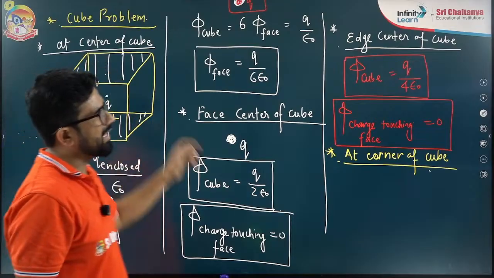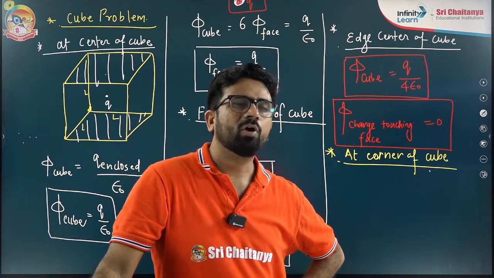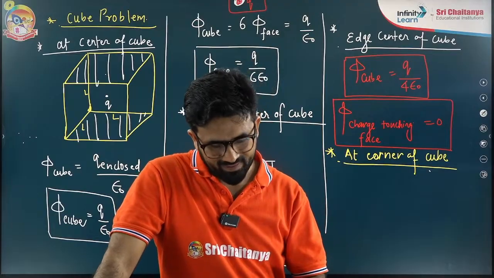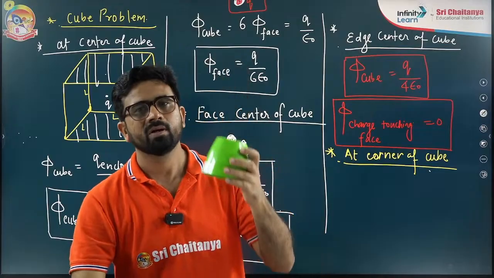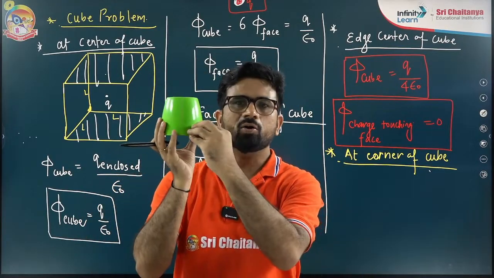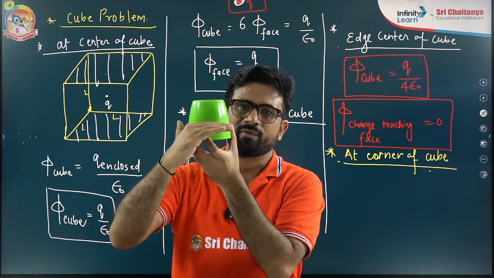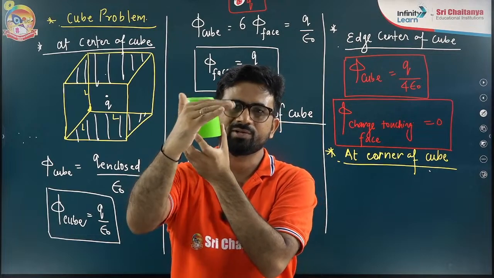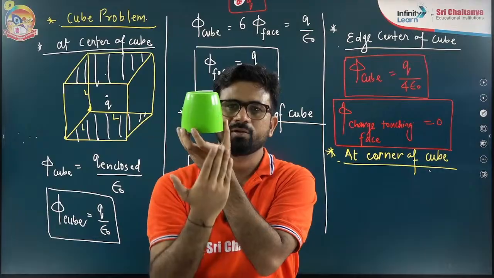If I am placing one charge here at a corner, the very first question that comes to us is, sir, what is the total flux? So you will see, when you are placing it at the corner, suppose this is the one charge, a sphere, I am assuming it. At the corner, how many faces are touching it? The ceiling is touching, this wall is also touching, and this front wall is also touching.